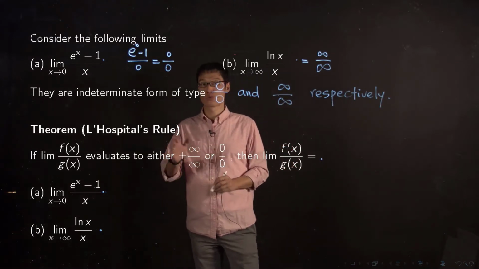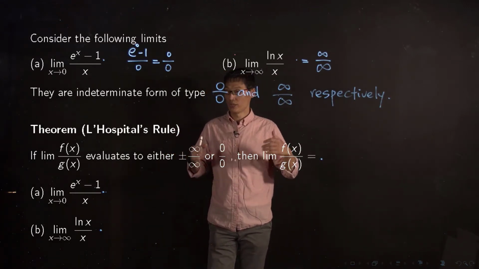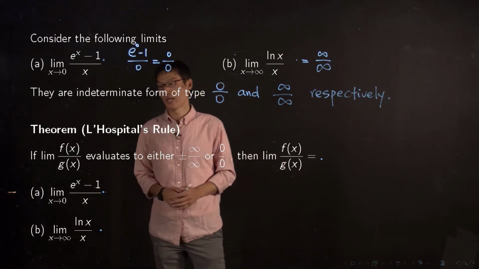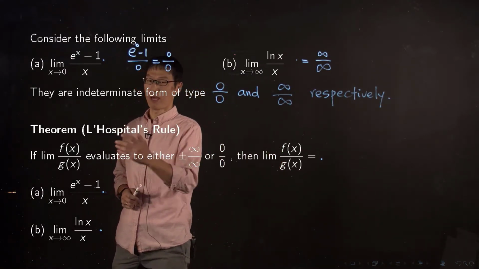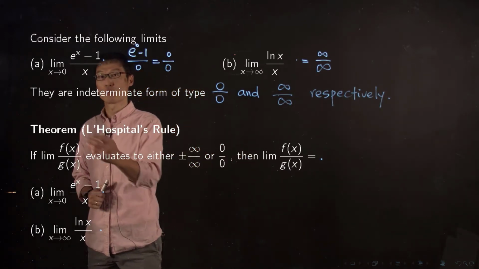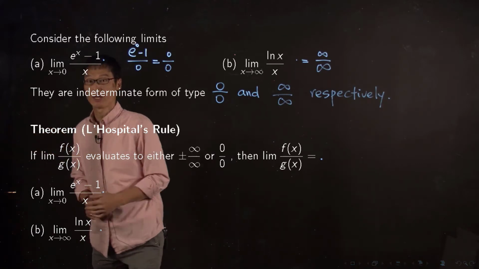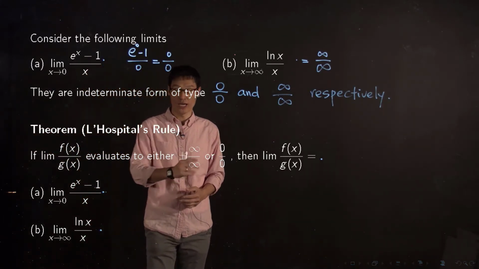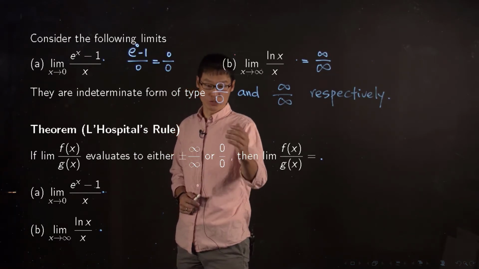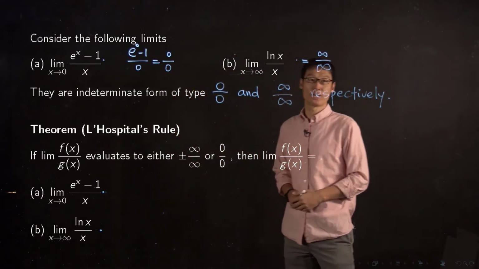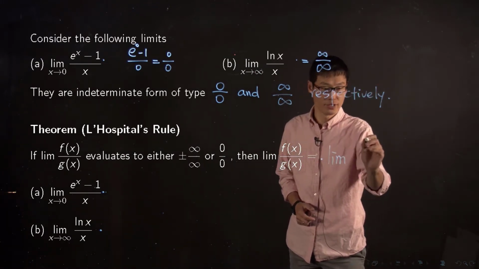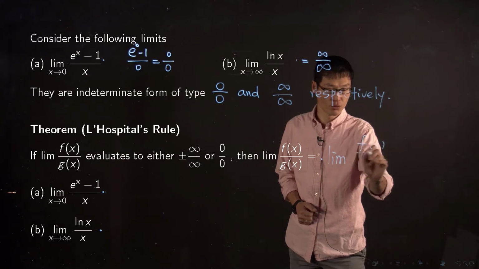L'Hopital's rule is very useful when we compute limits of those types. This theorem is named after the French mathematician L'Hopital. The theorem says that suppose we have f(x) over g(x), which evaluates to either plus or minus infinity over infinity, or 0 over 0, then the limit becomes simply the limit of f prime over g prime.